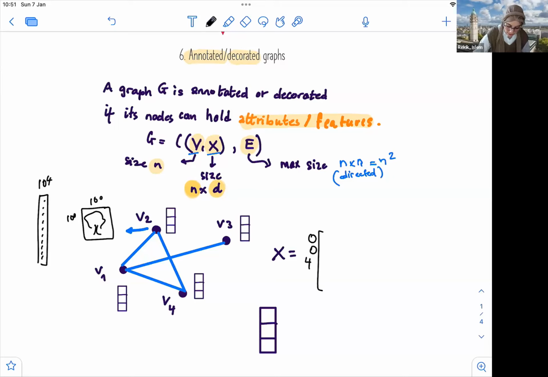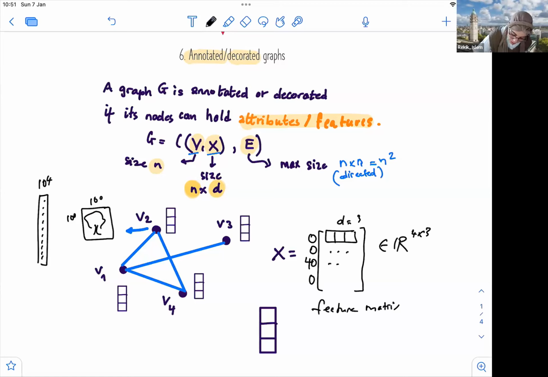And we have the features, actually a lower number of features. We have 3 features, and we're going to stack the features, so D is equal to 3. Every time we store this feature vector, the size of our X belongs to R 4 times 3 in this example. That's what we call a feature matrix.